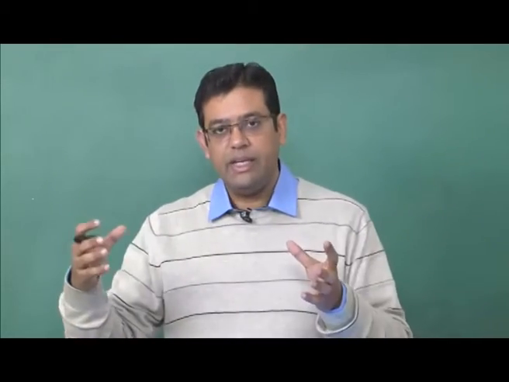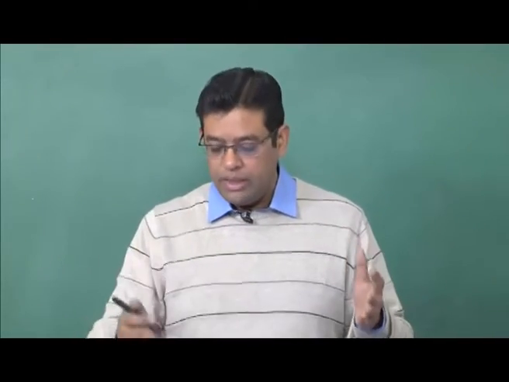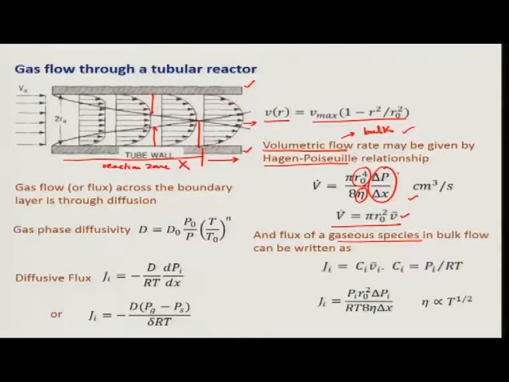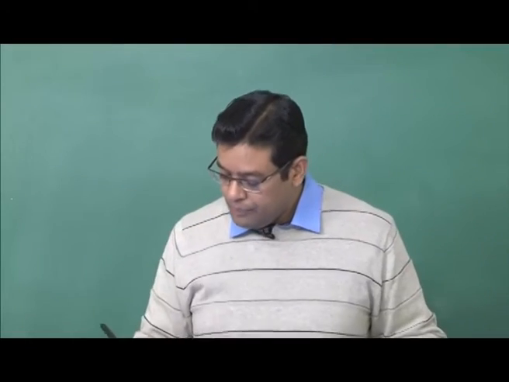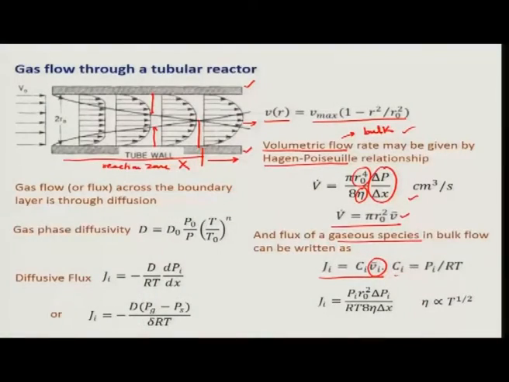So, the average velocity would depend on the pressure gradient, which would be the total pressure gradient. But if I want to know what is the flux of silane which is moving in that, we can use this expression where Vi is the velocity of that species silane, how fast the silane molecules are moving, and we can relate it to pressure, okay.